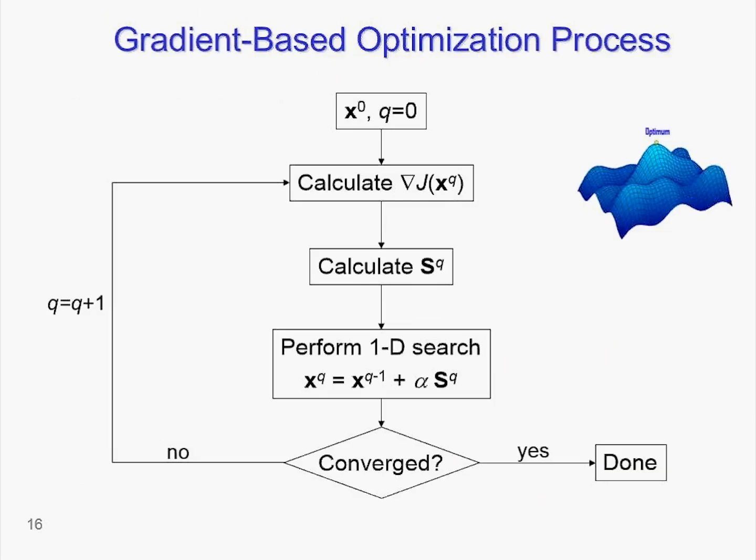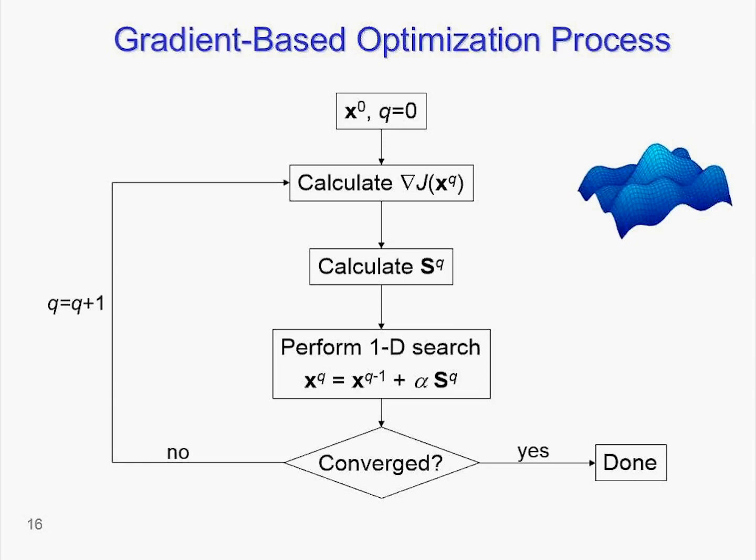Okay, so let's see what time we have. We've got 7 minutes. So let's really start talking about the gradient-based methods. Again, this is what we've been talking about, starting with an initial guess, x0. Then we've got to compute 2 things, the search direction, S^q, and then alpha^q, how far we step in that direction.